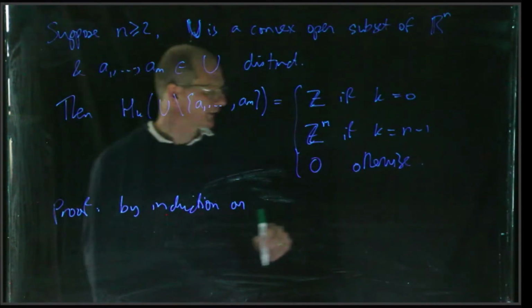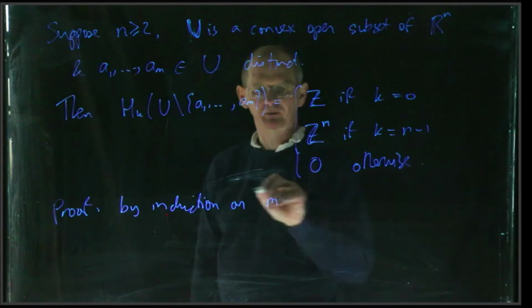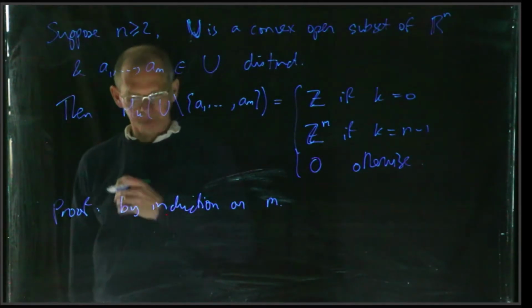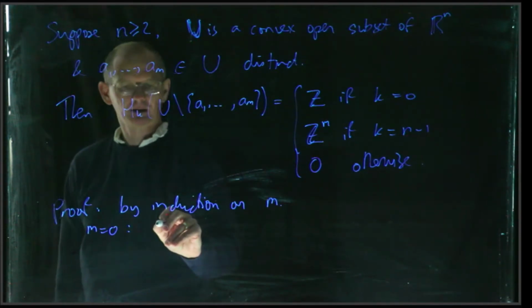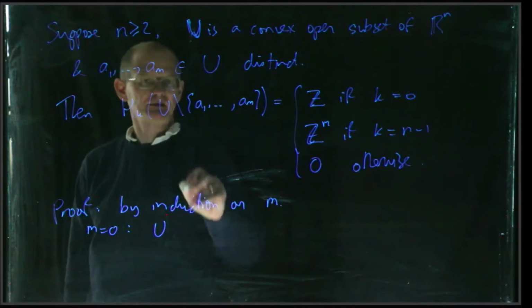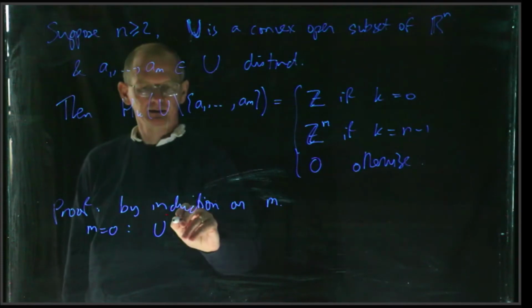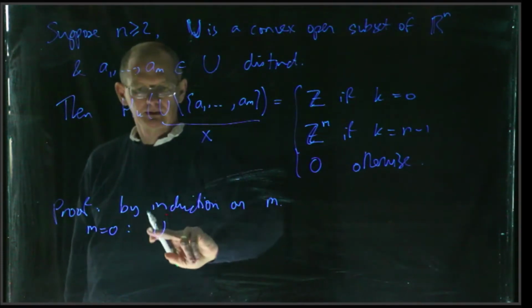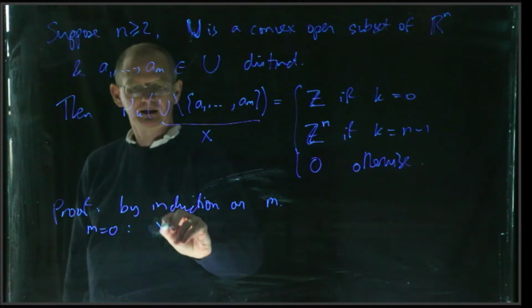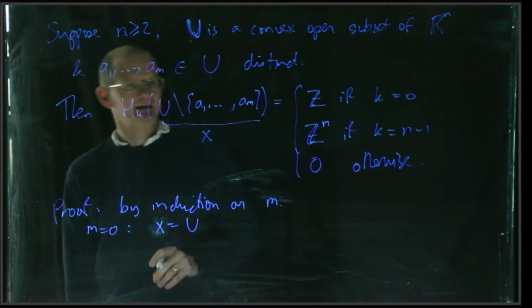So the proof's going to be by induction on the number of points that we remove. If m is 0, then the space X is just equal to U in that case.